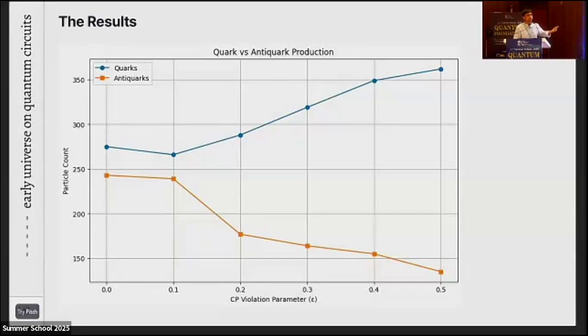This tells us the reason why we exist today, because we are a form of matter. And if this didn't happen, then there would be an antimatter version of ourselves, I think.